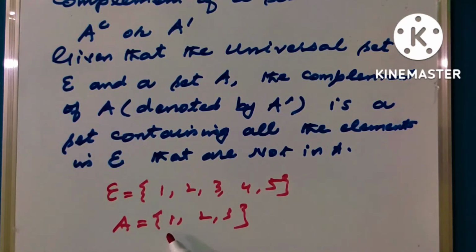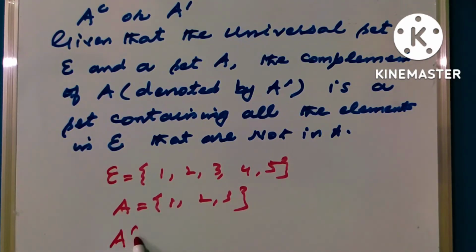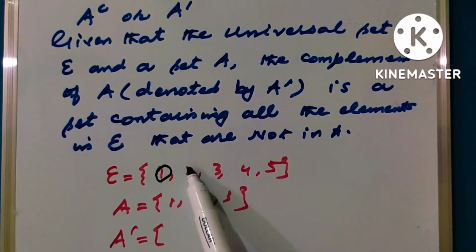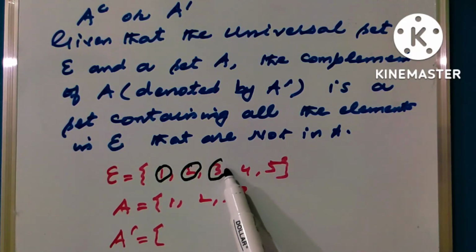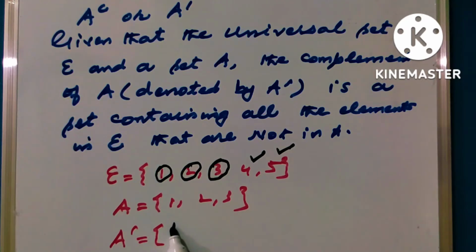Means that each and every element of set A must belong to universal set. Now A complement will be, we have to delete these elements just like 1, 2 and 3 from universal set. Now the rest of the elements of universal set will be considered as a complement.